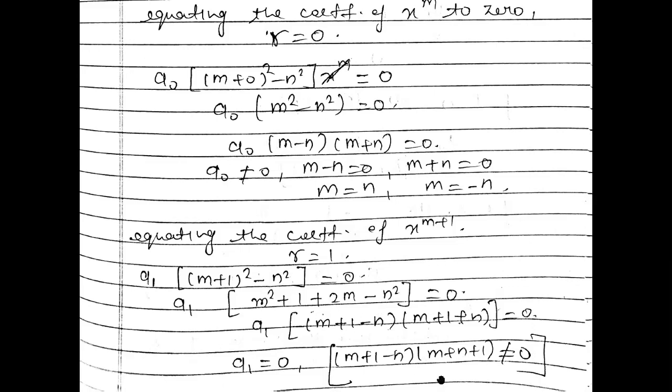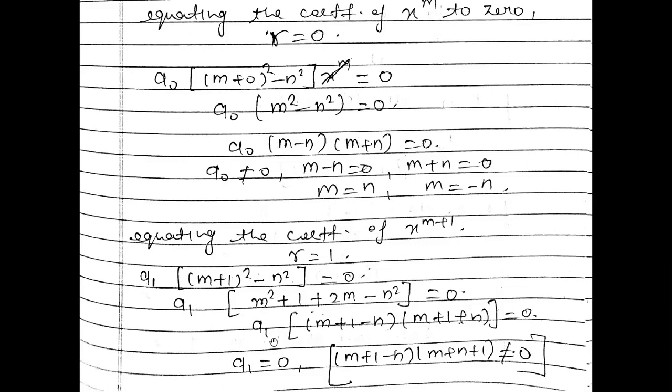So that bracket cannot be 0, because we have a condition here that m plus 1 is equal to n. That means here we have m is equal to n. When you put these values equal to 0, you will get m plus 1 is equal to n. So this hypothesis and that hypothesis will fail, because we have our hypothesis m is equal to n here. So these brackets can never be equal to 0.